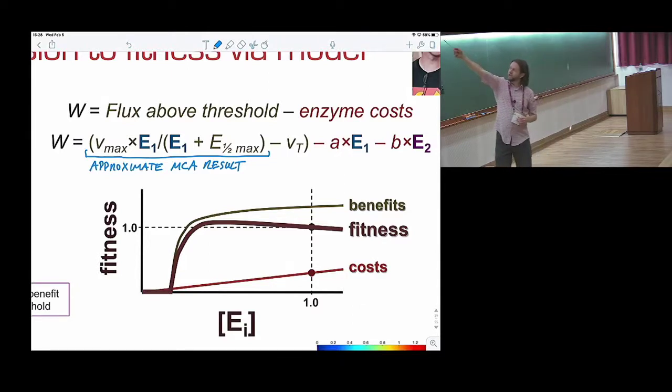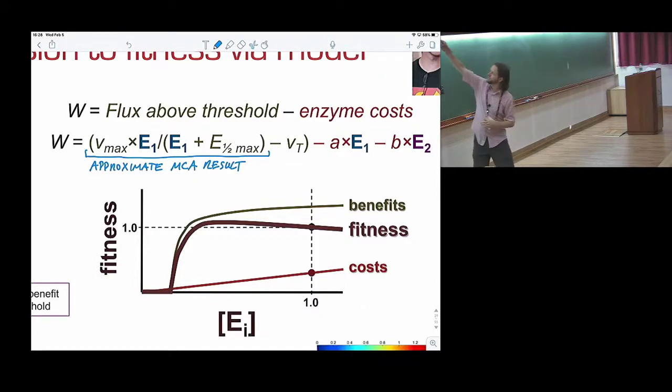Notice now, it's not S over S plus Km, it's E over E plus E half max. So we're saying from the point of view of the pathway, as we dial the enzyme up, it has the same shape, and we can have an E half max, the amount of enzyme that would give you half maximum flux through the whole pathway. Make sense? So we can just approximate it as that.